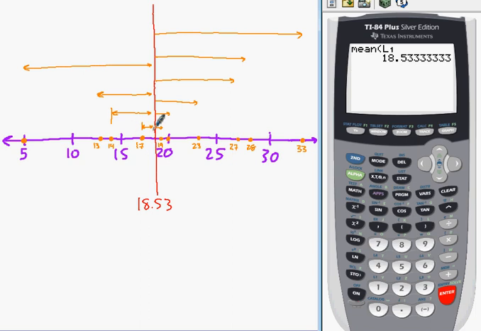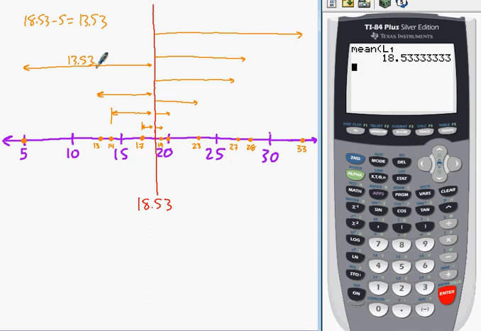So we just need to calculate the length of these. Well, if we take this nice long one, we know that it's 18.53, this is at 5, so we're just going to subtract. All right, we have 18.53 minus 5, and that's going to give us that deviation of 13.53. All right, so this is 13.53.